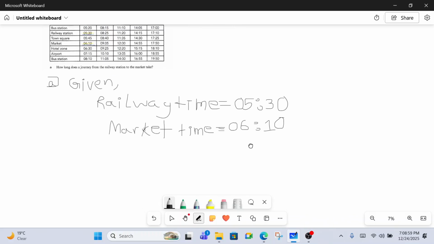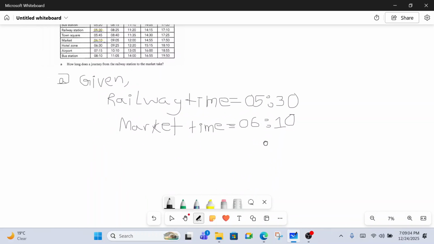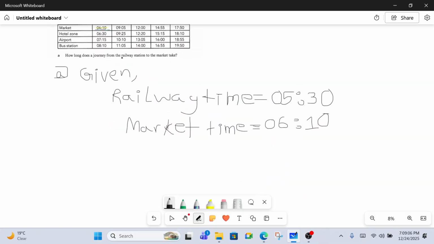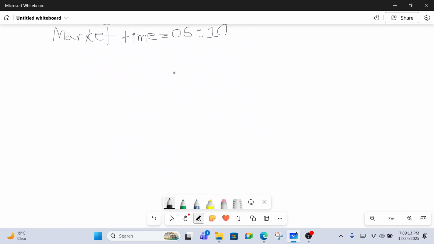Okay, now that we have these given times, let's find out how long it takes from the railway station to the market. Okay, so how do we calculate this?